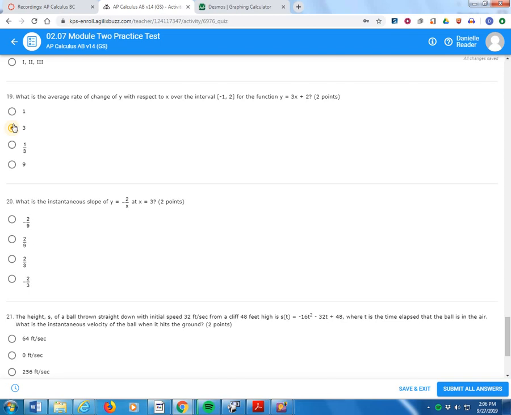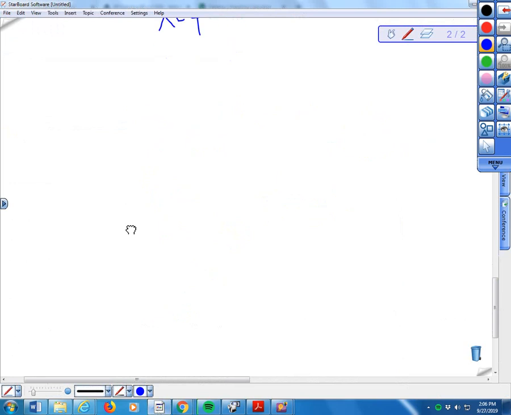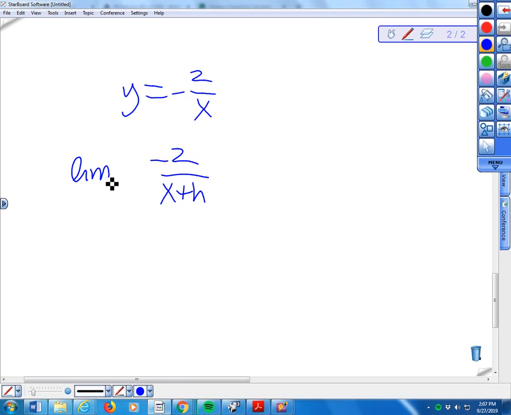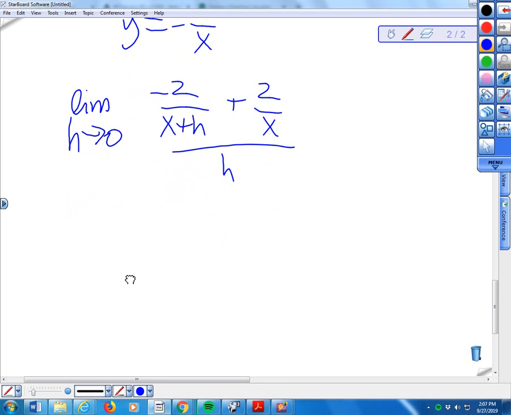Instantaneous slope at -2 over x. So the first thing I've got to do is the limit as h goes to 0 minus -2, so that's plus. Okay, get a common denominator.